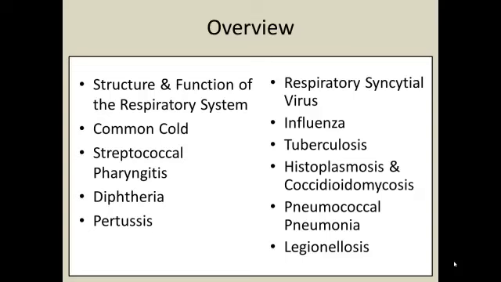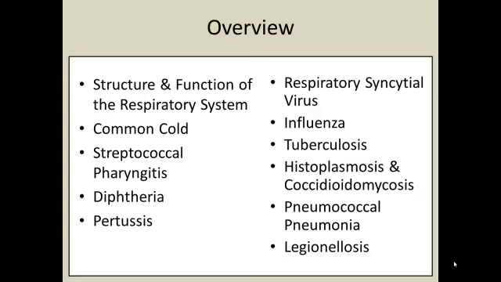I prefer to start out at the top of the respiratory tract and move down to the bottom, and I'm going to mix bacterial, viral, and fungal pathogens in amongst each other. So in other words, this is going to have more of an anatomy flow versus talking about the different groups. So in part 1, we're going to talk about the structure and function of the respiratory system.